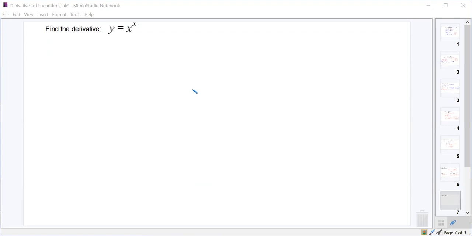Right? Can I use the rule of like a to the x? Can't use a to the x because it's not a number to a power. So we've got x to the x. We have a variable to a variable. Any thoughts on how we're going to deal with that?